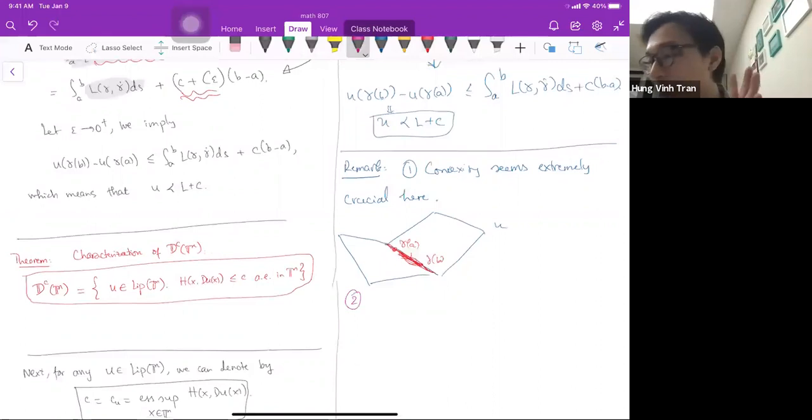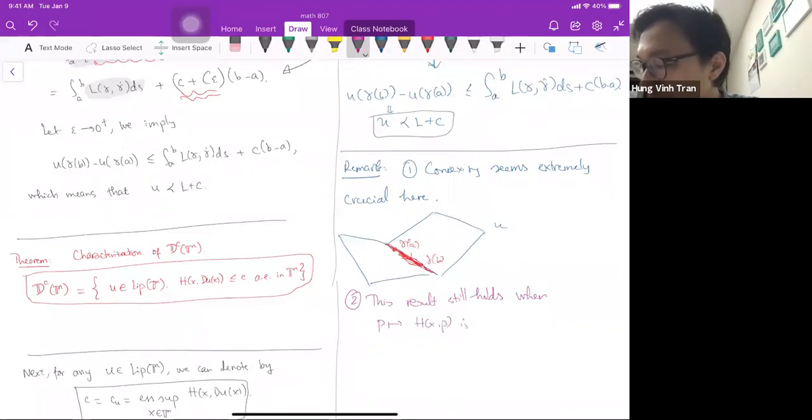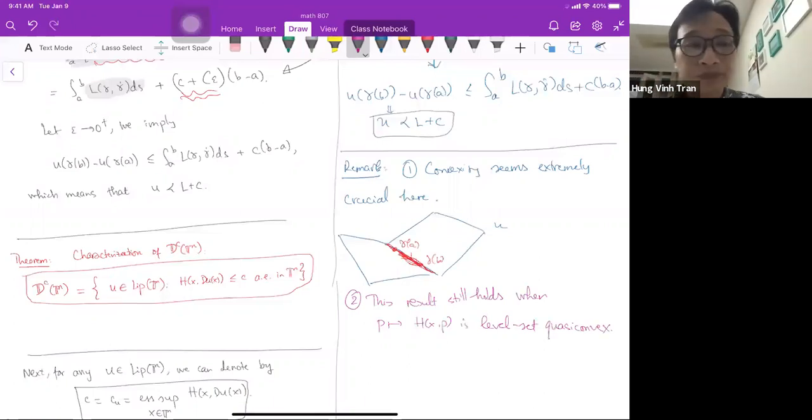So what I want to say here is that this result still holds when p maps to h of (x,p) is level set quasi-convex. Okay, level set quasi-convex, I mean, we have not discussed this at all.